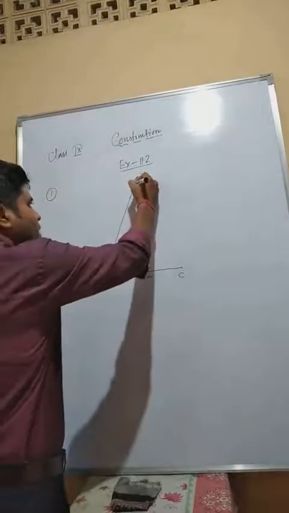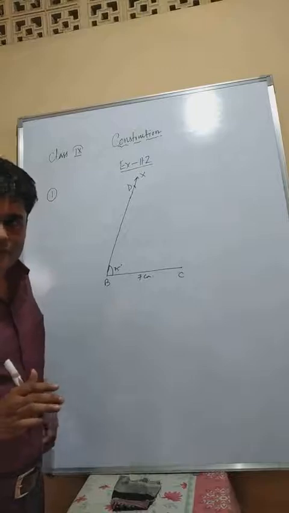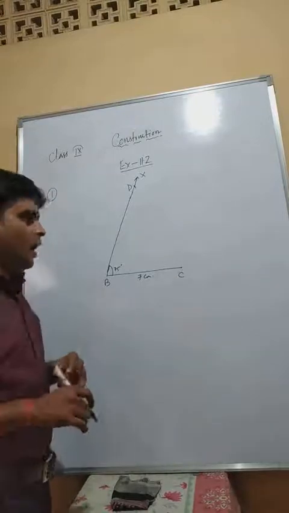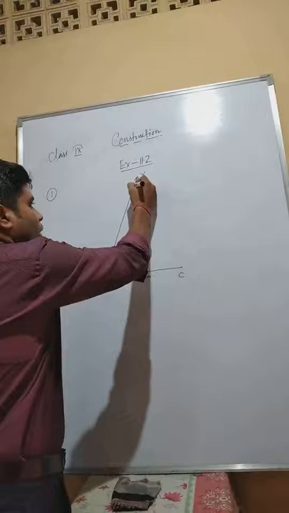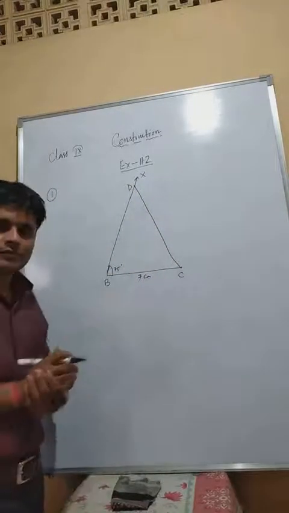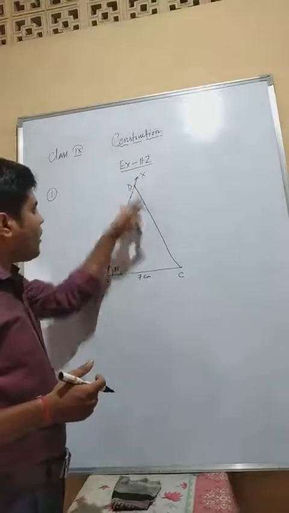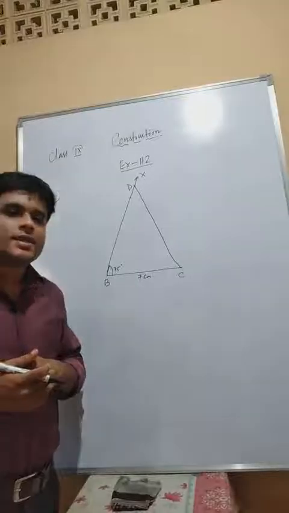So I am taking, suppose here this point is D. So BD is 13 centimeter. Got it? After this, join B and C. You have joined. And next work, draw the perpendicular bisector of CD.